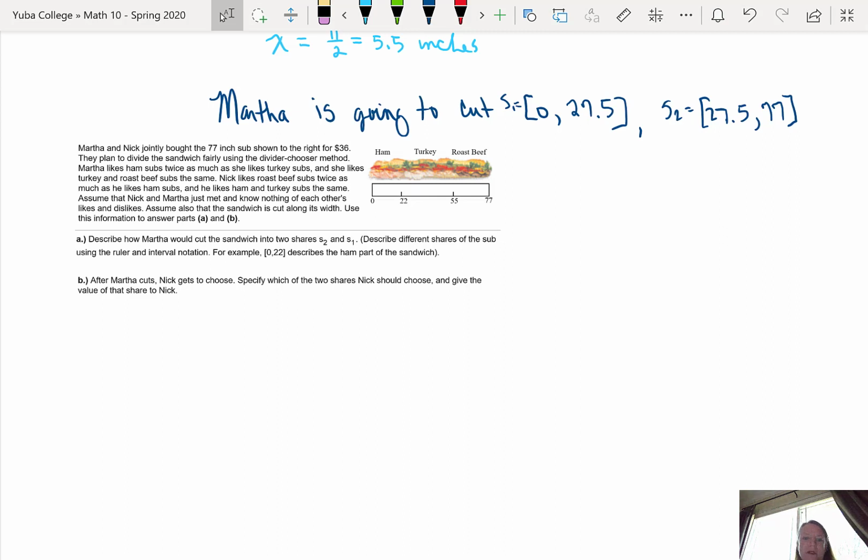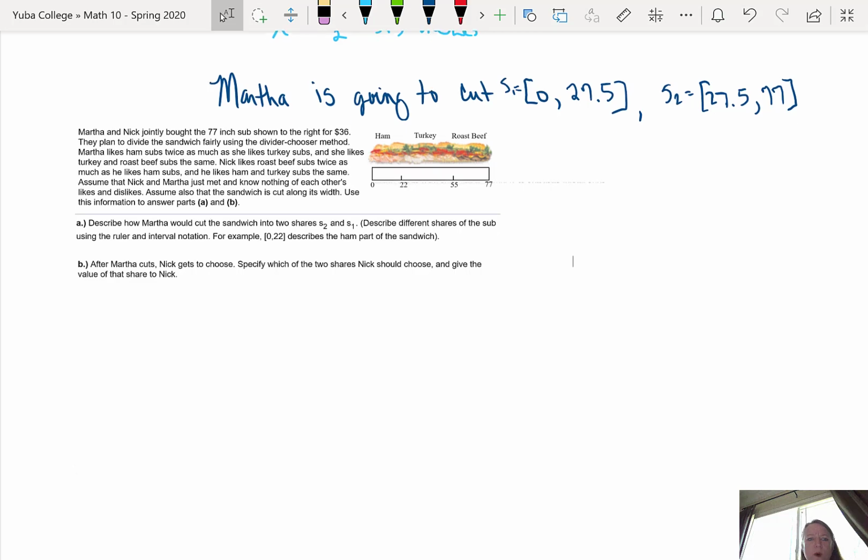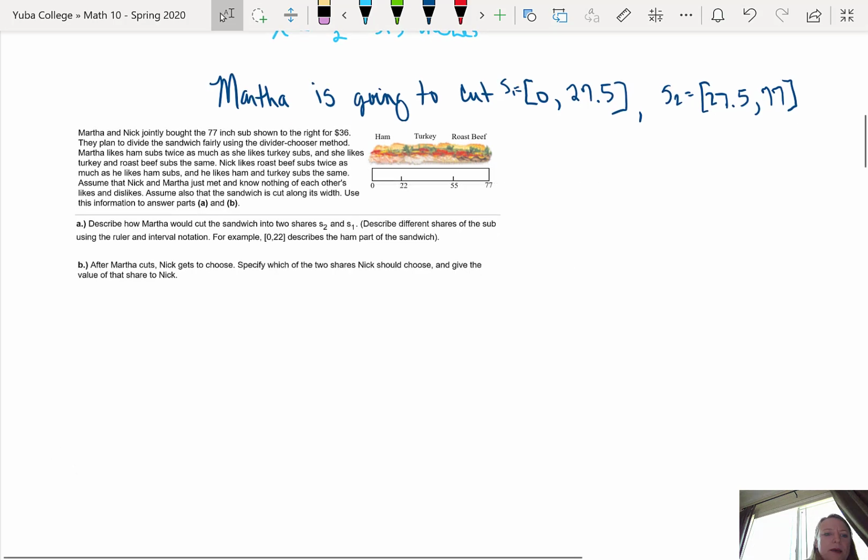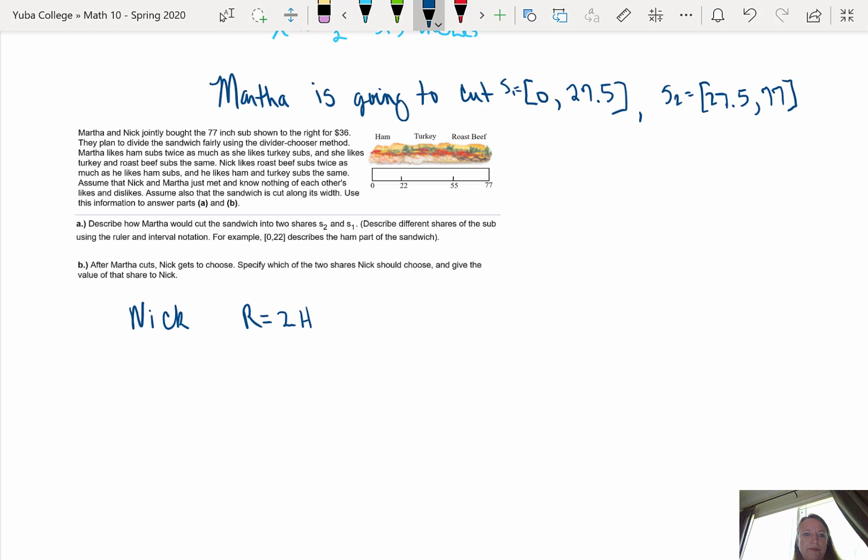Okay, so let's go back and read what Nick likes. So it says that Nick likes roast beef twice as much as he likes ham. So Nick likes roast beef. R is equal to twice of what he values ham. And then it says that he likes ham and turkey the same.